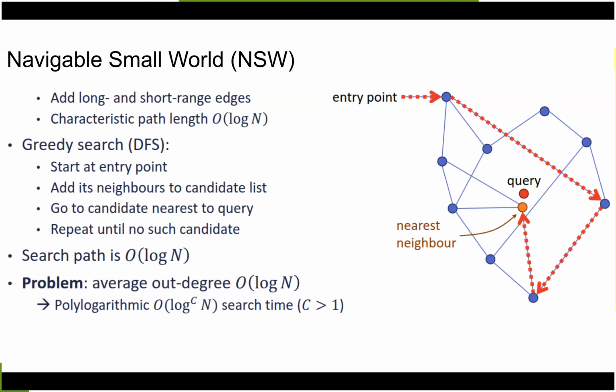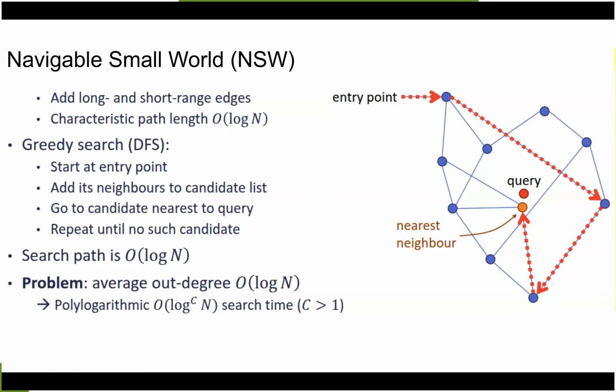So let's assume you start from the root node of your graph. You go through the paths to find the closest ones to your query. If you have very small edges in this path, this causes you to go through O(n) number of edges, at least, to get to the nearest neighbors of your query.